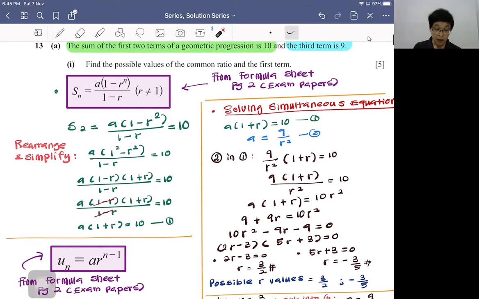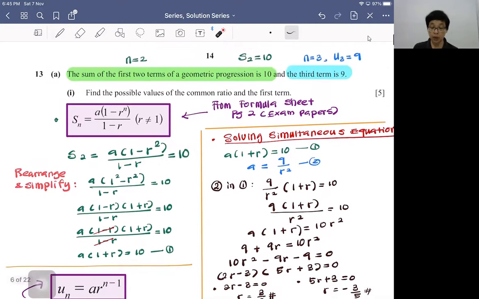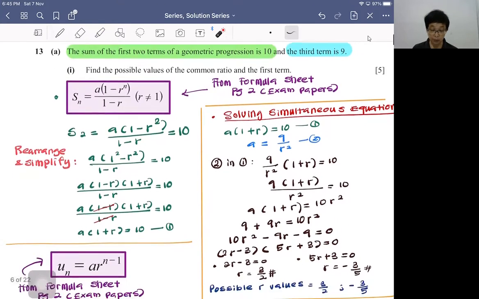When a, the bracket 1 minus r to the power n, where n is 2, over 1 minus r, equals 10, because 10 is given to us as the sum of the first two terms.